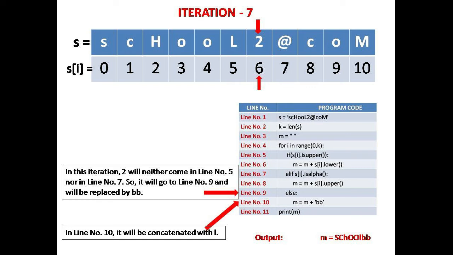And in this case it is given that it has to be replaced with double B. So the output here for 2 will be BB. In iteration 8 we have the value of i as 7 and the character is @. So again it will take place in the same way as for 2. That means it will be replaced with BB.